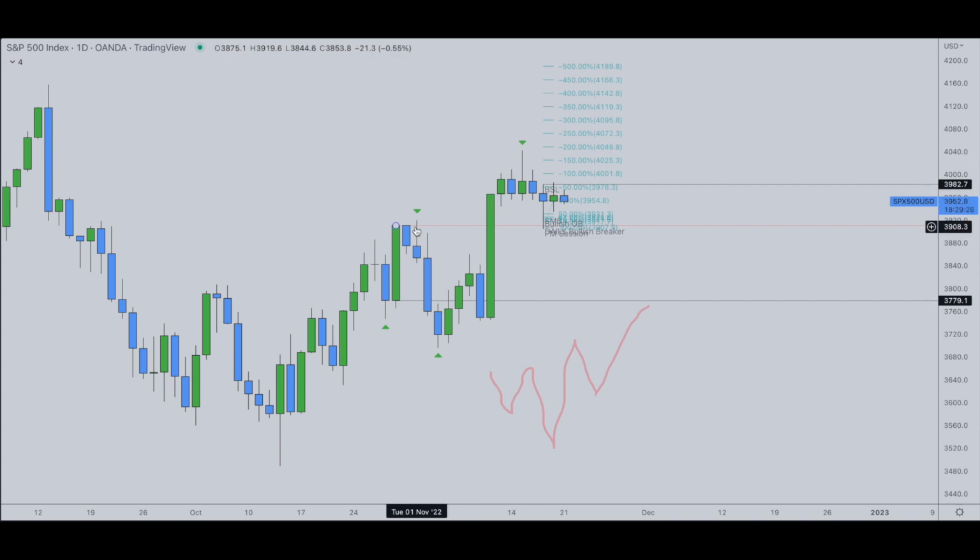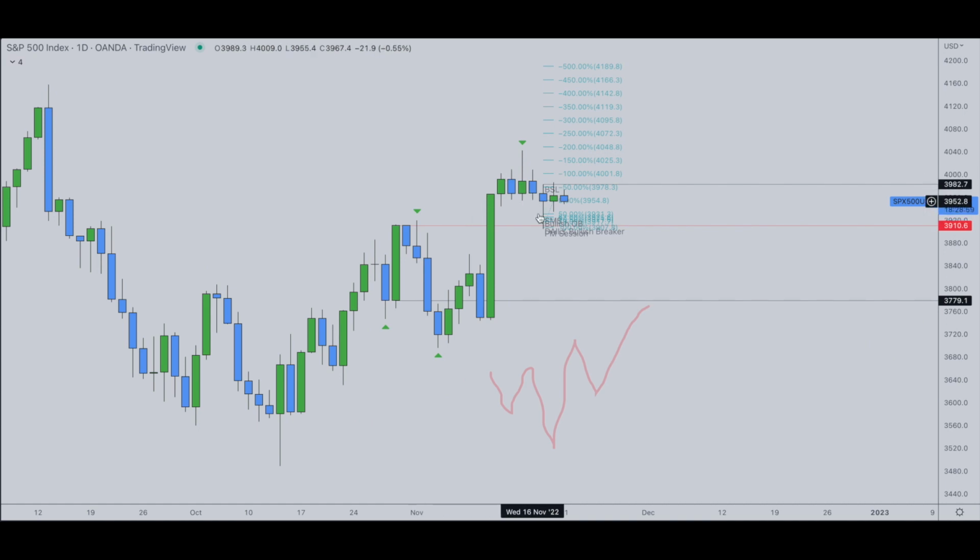As soon as we trade above this swing high aggressively, this is now giving us our confirmation for a daily bullish breaker. And what is the daily bullish breaker in this example? This is that last up close candle before this move down here. So as soon as we trade higher above this bullish candle here, this now becomes a bullish breaker.